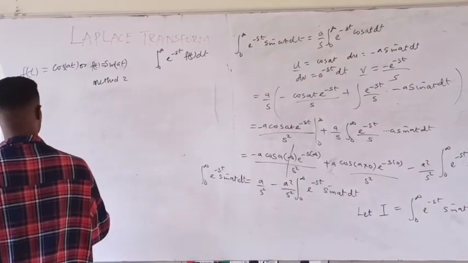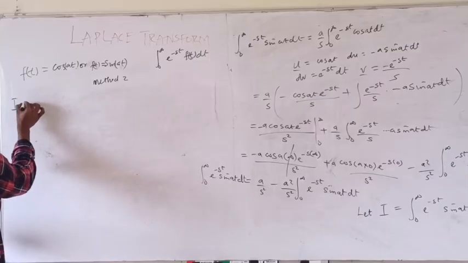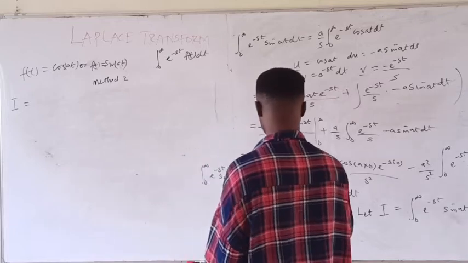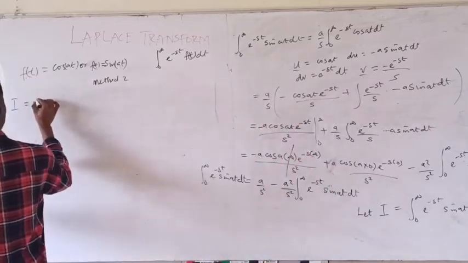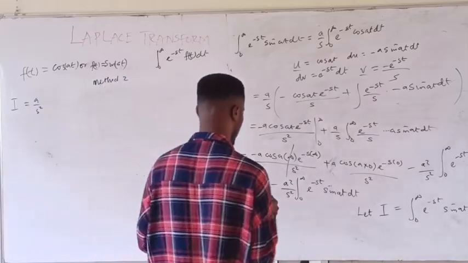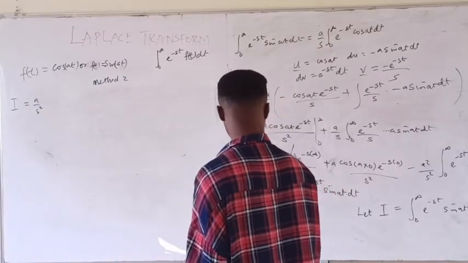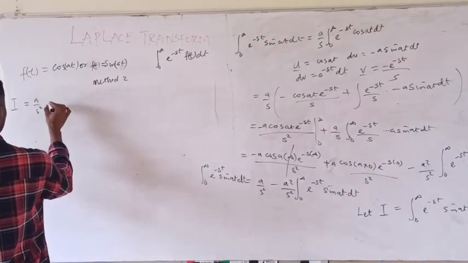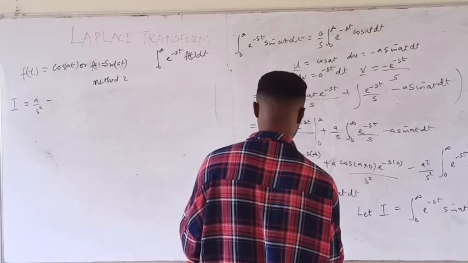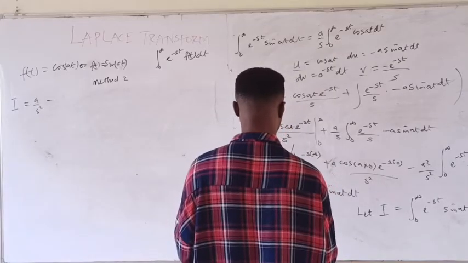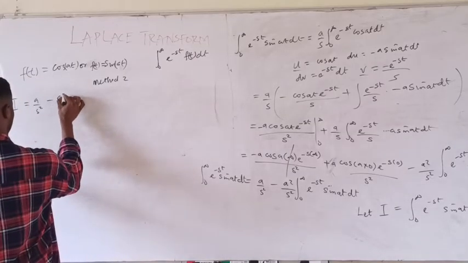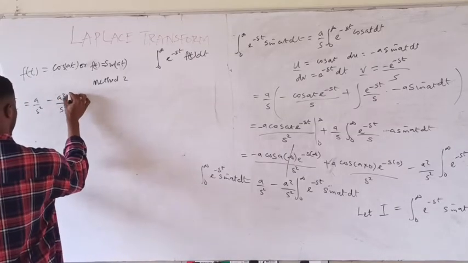If you do that, it means that I is equal to a over s squared minus a squared over s squared I. Right?